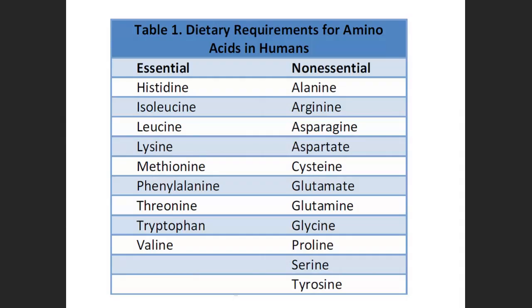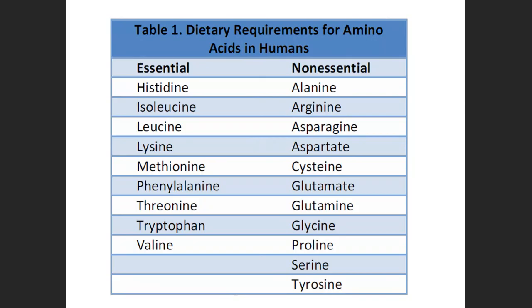Now, if anyone has taken or is going to take nutrition, you'll hear about essential and non-essential amino acids. Essential amino acids are those that we cannot synthesize. We do not have the genes to make histidine, isoleucine, leucine, lysine, methionine, phenylalanine, threonine, tryptophan, and valine.